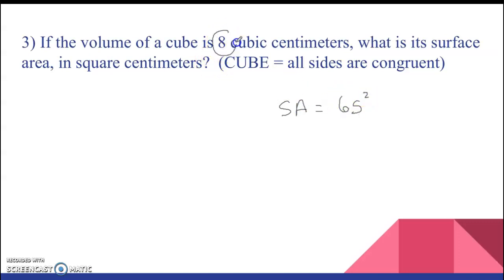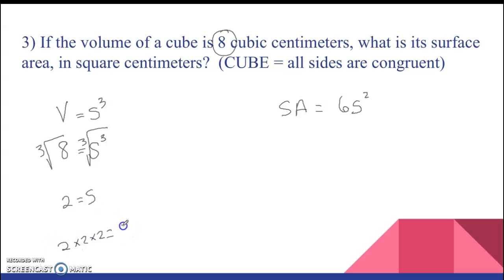Now this 8 is not the side, that's actually the volume. So volume is side cubed. So I'm saying 8 is equal to something raised to the third power. Again, take the cube root of this and you should get 2. All this means is 2 times 2 times 2 is equal to 8.